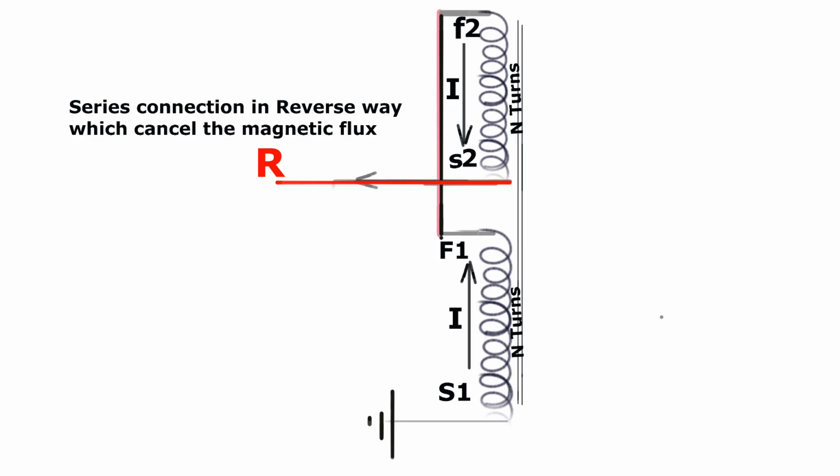So in the normal scenario, it will get short circuited. When we connect the first coil to the second limb coil, then the flux will start rotating. It will not get cancelled.